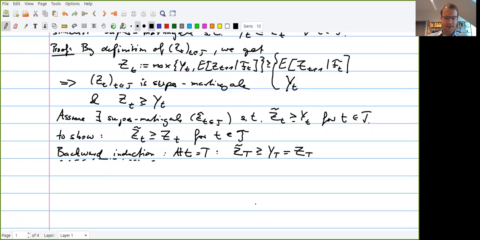And now let's go backwards. Let's assume we have a time t where z tilde is indeed bigger than the Snell envelope z. This holds by our induction, the first induction step here.